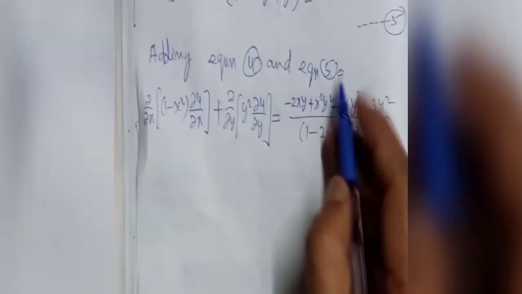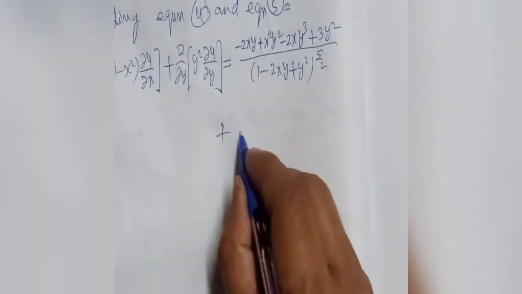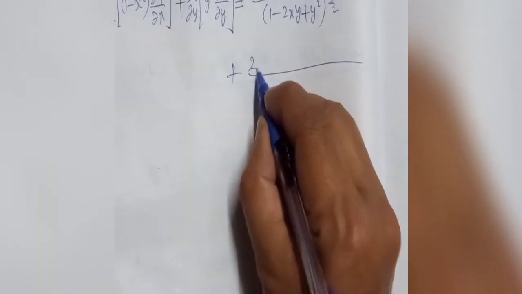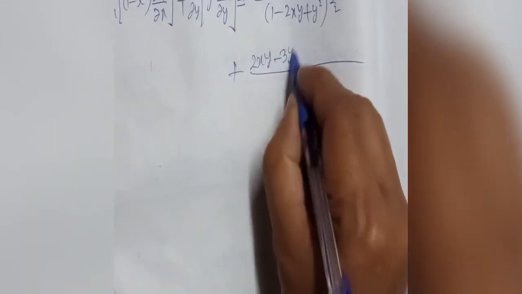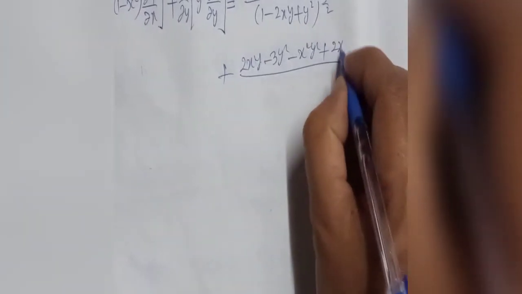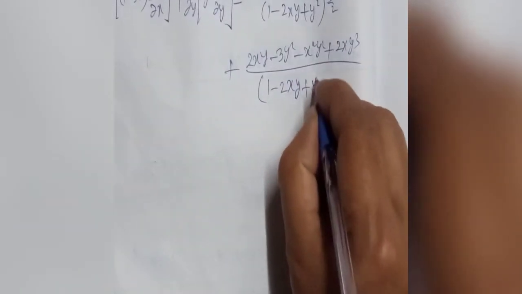And on the right hand side of equation number 5 we have to add this term, which is equal to this value. I write 2xy minus 3y square minus x square y square plus 2xy cube upon 1 minus 2xy plus y square whole power 5/2.